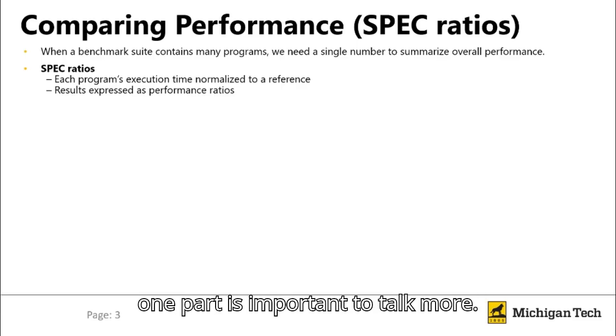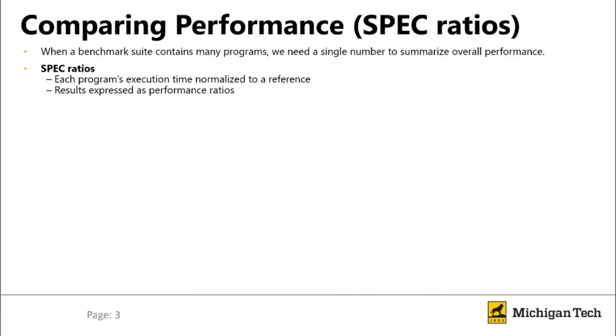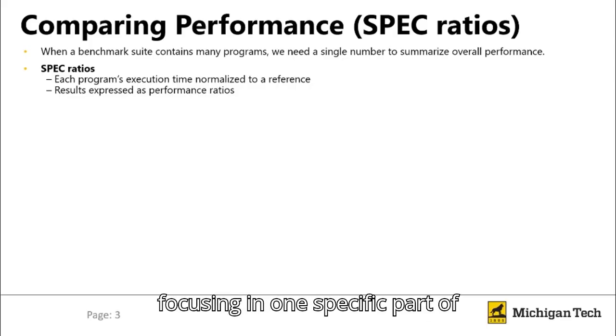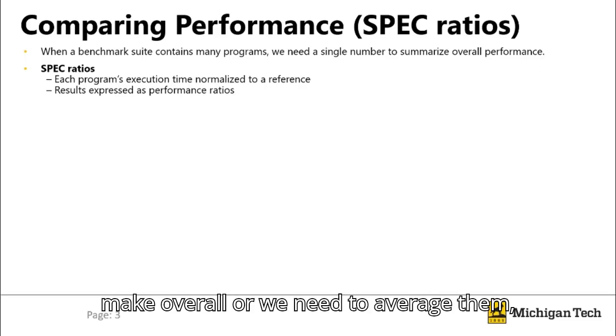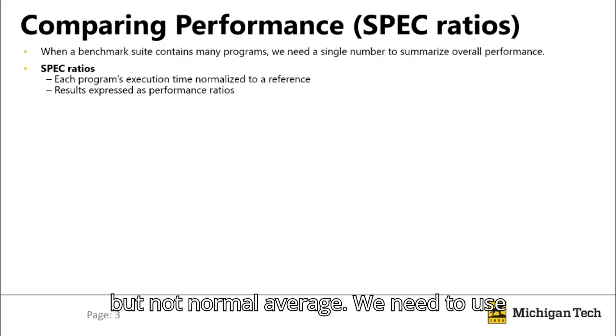We already had this slide, I'm just going to cover it. One part is important to talk more about. As I mentioned, each benchmark focuses on one specific part of the CPU. We need to make an overall result, so we need to average them, but not a normal average.